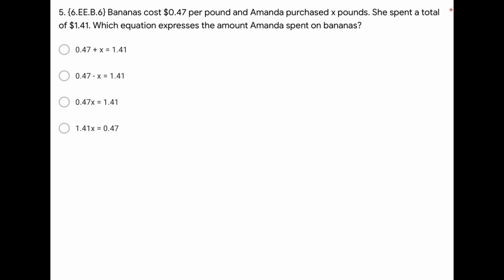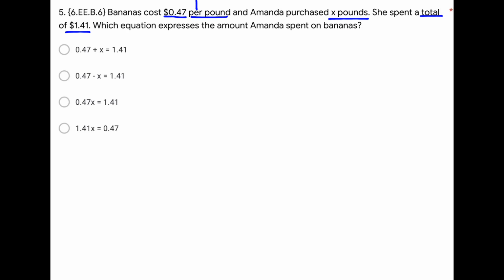Bananas cost 47 cents per pound, so that's 1 pound. Amanda purchased X pounds. She spent a total of $1.41. Which equation expresses the amount Amanda spent on bananas?